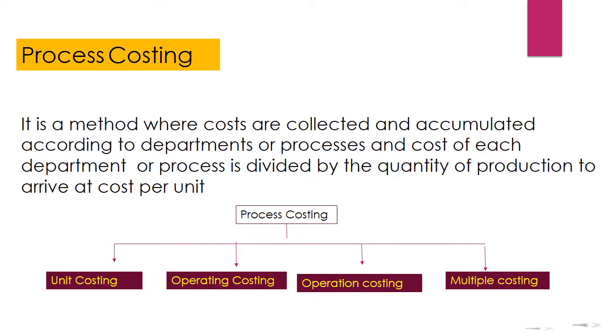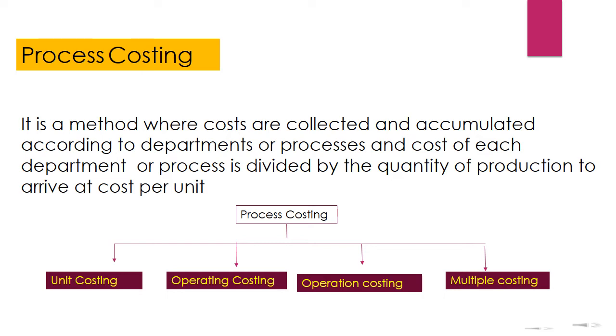Process costing. It's a method where costs are collected and accumulated according to departments or processes, and cost of each department or processes divided by the quantity of production to arrive at cost per unit. The cost is calculated process-wise or department-wise. This method is used in mass production of industries having continuous production of uniform standard product.